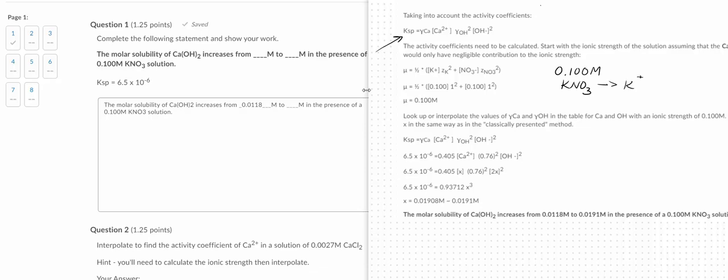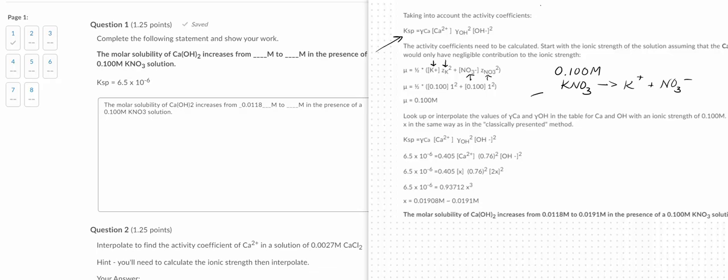Now this is KNO3. KNO3, when it breaks up, has a K that is 1 plus, and it has a nitrate, which is a 1 minus. We need the charge, and we need the concentration of each of those items. So the ionic strength, which is mu, is going to be equal to 1/2 times, and then we have our parentheses, the concentration of our cation times the charge of our cation squared, plus the concentration of our anion times the charge of our anion squared.